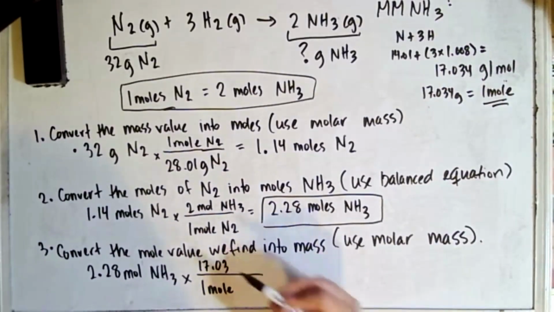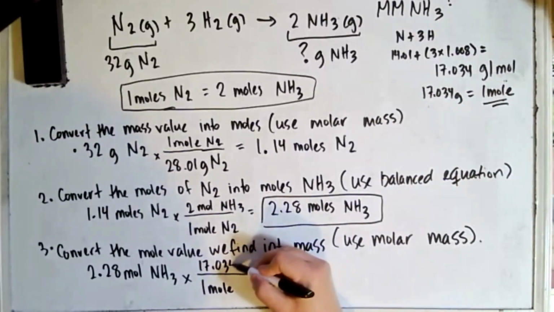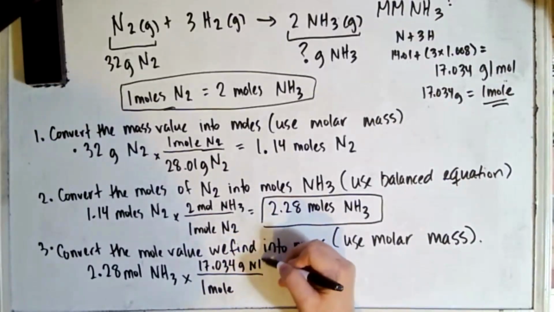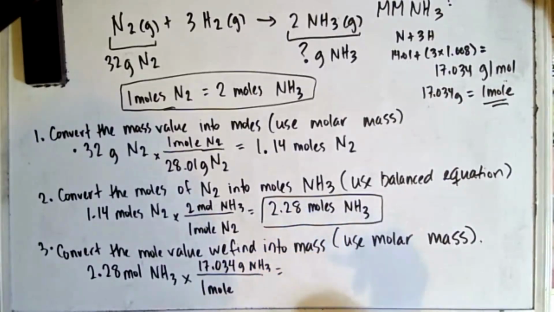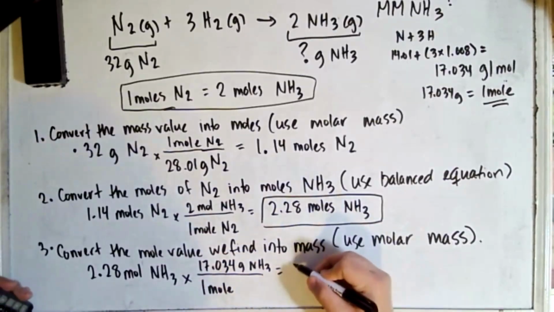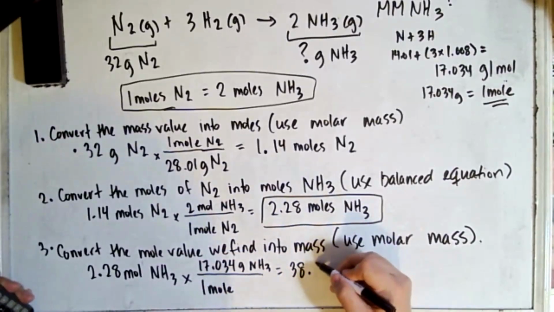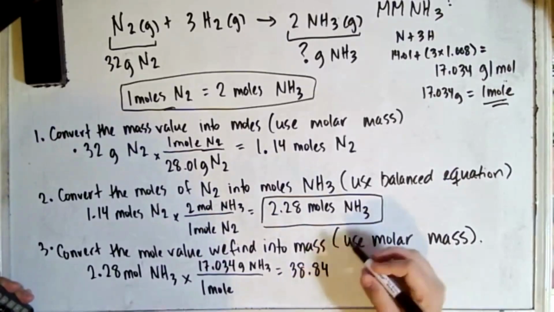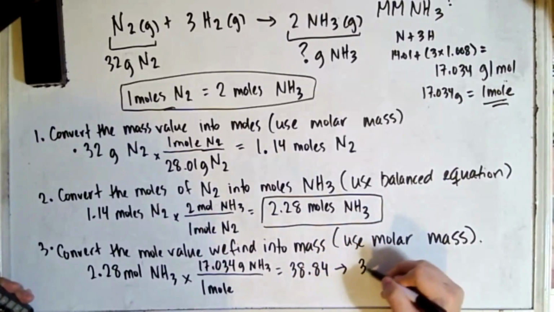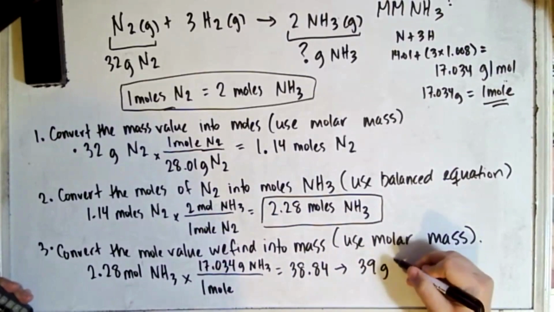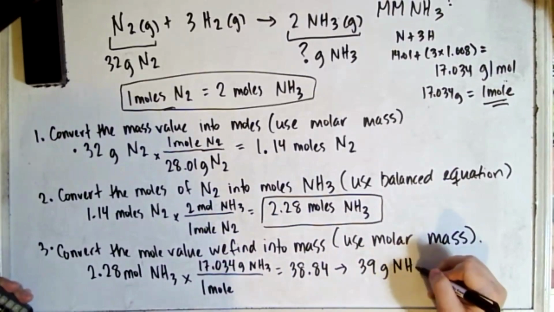And our mass value is going to go up top. And we end up with 38.84, which we can round to 39 grams of NH3 with our significant figures.